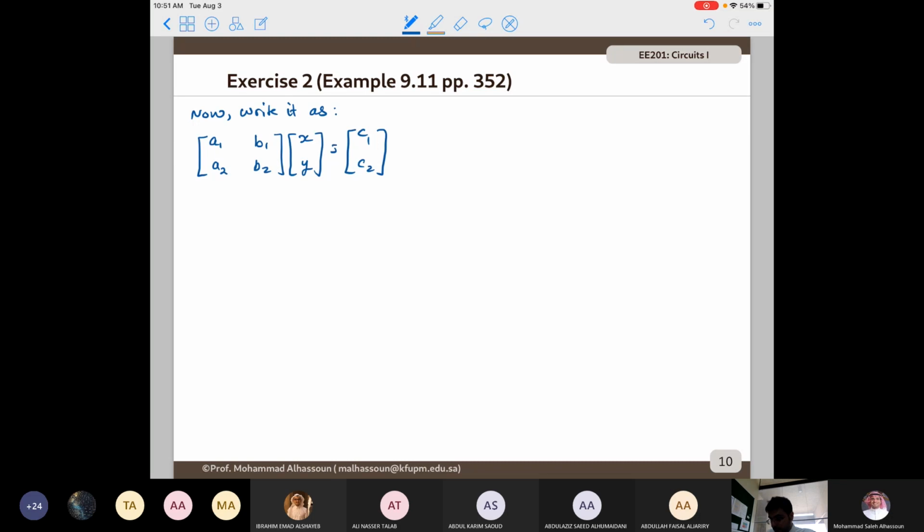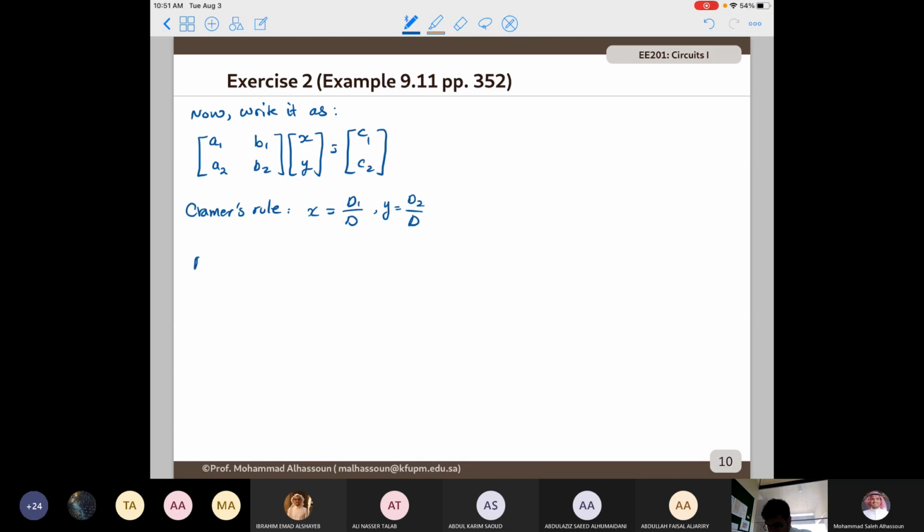It turns out there is a way of solving this problem using something known as Cramer's rule. X is D1 divided by D, and Y is D2 divided by D. So what is D, what is D1, and what is D2?